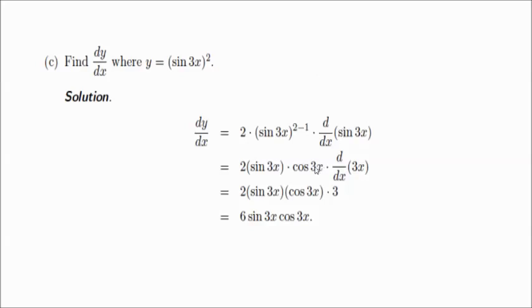Pero kung merong constant ito, kung merong kasamang constant yan, derivative nito is yung constant, di ba? That's why multiplied by 3. Okay? And then simplify. 2 times 3 is 6. And then copy. So this is the final answer. Okay?